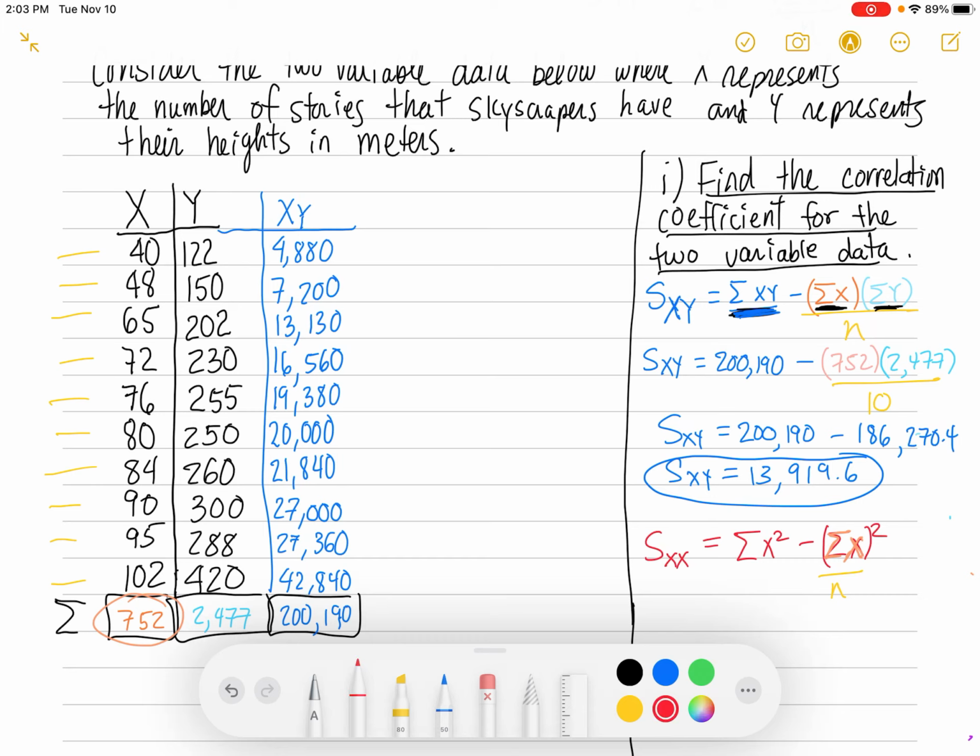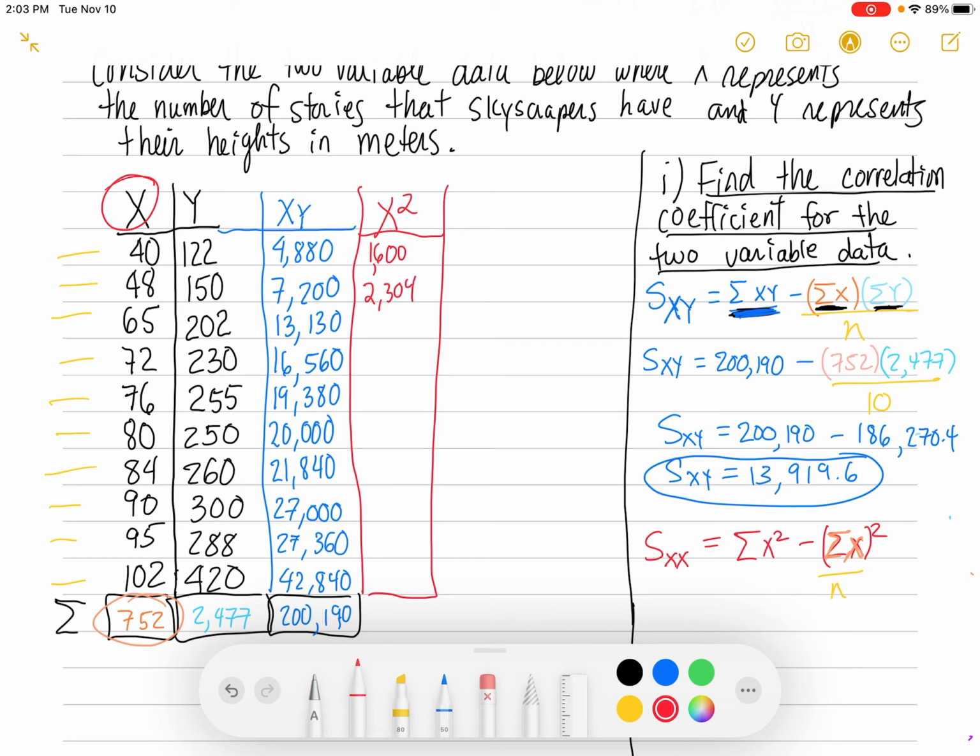To find the sum of the x squared, we have to make a column with x squareds here. So I'm going to take the x column and square it. 40 squared is 1,600. 48 squared is 2,304.